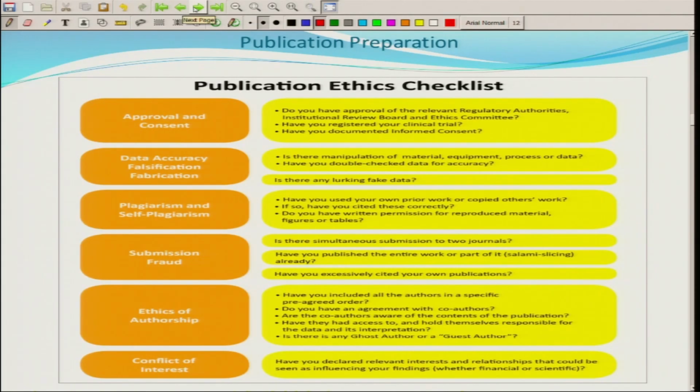And then you should not commit salami slicing. You have a big dataset, and you cut that one big dataset into different pieces, generating 4 or 5 different studies and publishing one big dataset as 4 or 5 different publications. That is what we know as salami slicing, which we understood in the earlier lectures. So you must not commit salami slicing either.